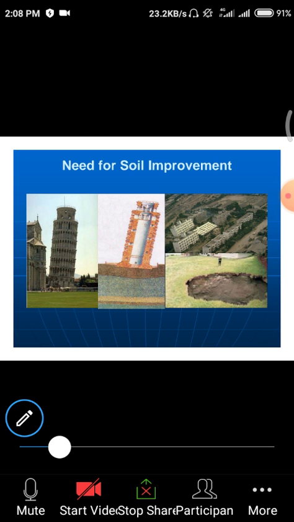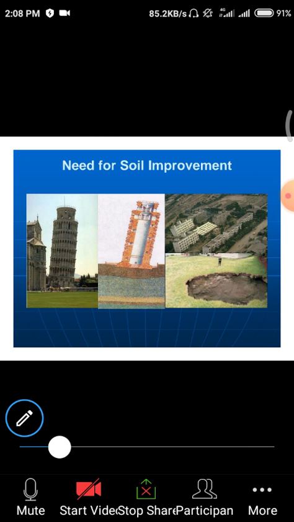One of the structures is the Pisa tower. The entire tower is bent due to weak structural properties. That is, the ground is not properly densified. First of all, you need to know the term densification.